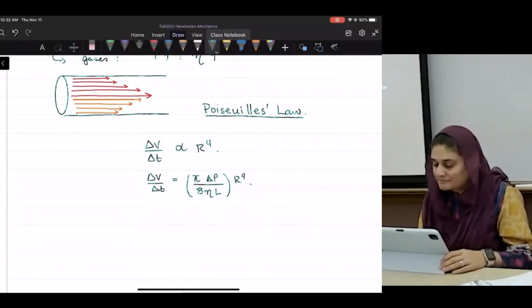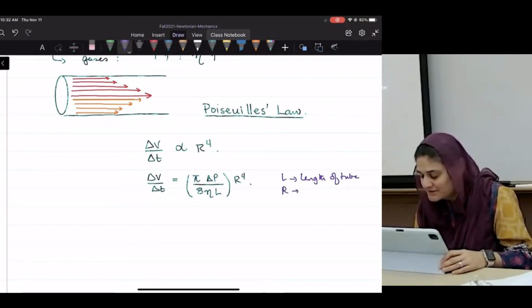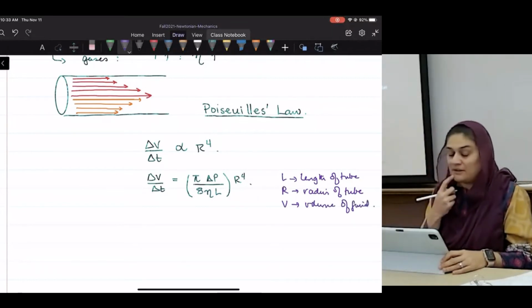Right? Where L is what, guys? Length of the tube. Eta is viscosity. R is the radius of the tube. V is volume of fluid. Time is time.